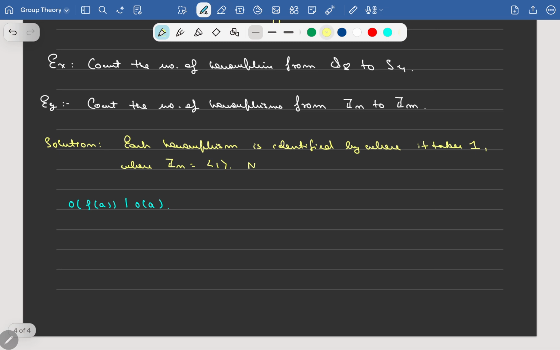Okay, so now if f from Zn to Zm is a homomorphism, then the order of f of 1 will surely divide the order of 1. Okay, and what is the order of 1? So the order of 1 is n, exactly n, right? I hope it's clear.